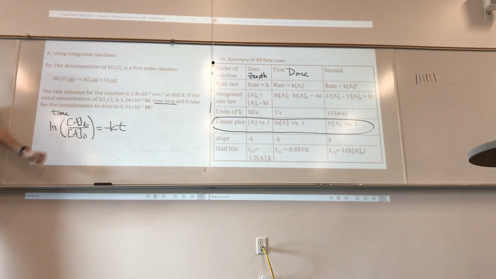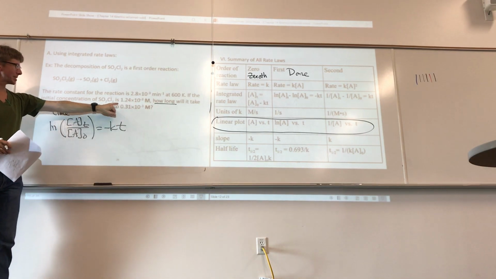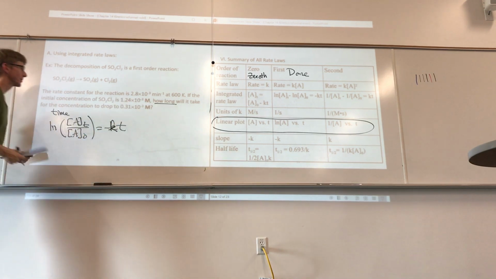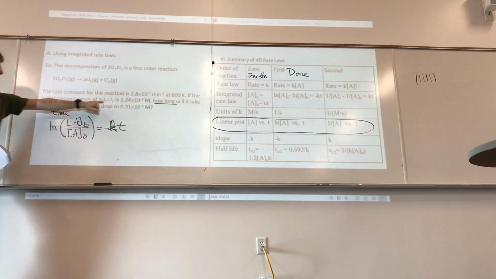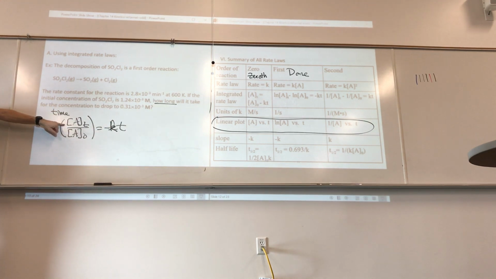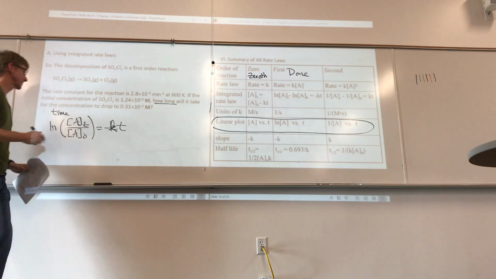I like to stack up my logarithms. Plug in my terms. I have my rate constant k. I have my initial concentration. I have my concentration at some time t. I will plug all those in.